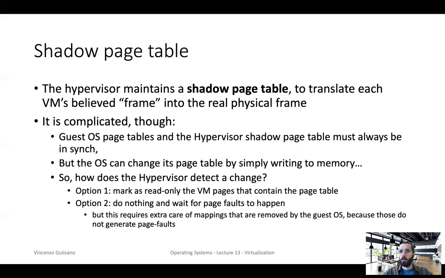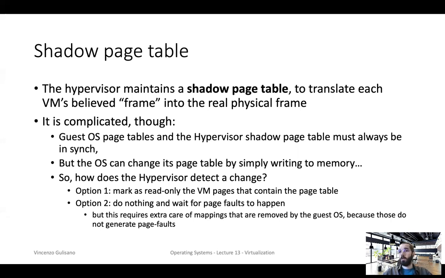The problem is, how do you keep them in sync? Because the guest operating system can keep updating its own page tables by just writing to memory, and the instructions it's using are not necessarily privileged or sensitive, so they don't necessarily trap the hypervisor. So how do you deal with this?